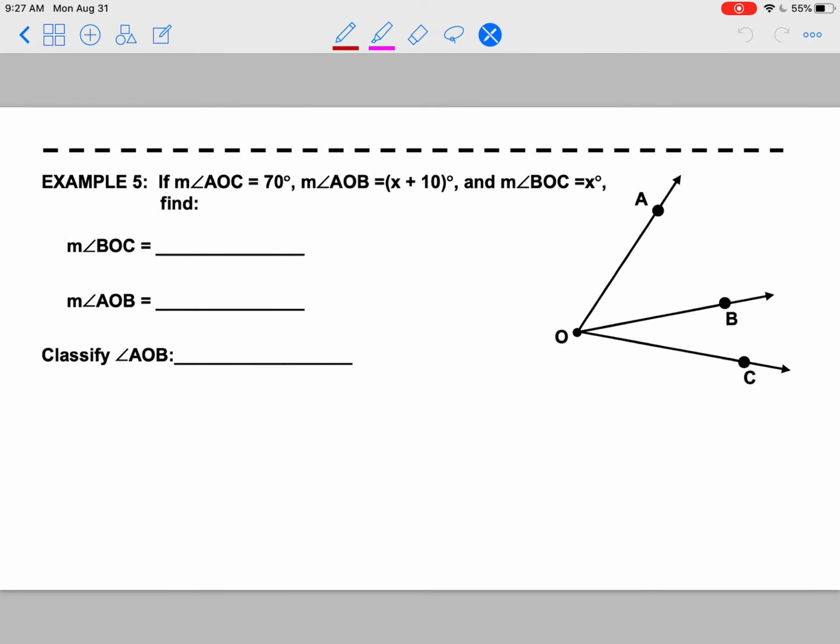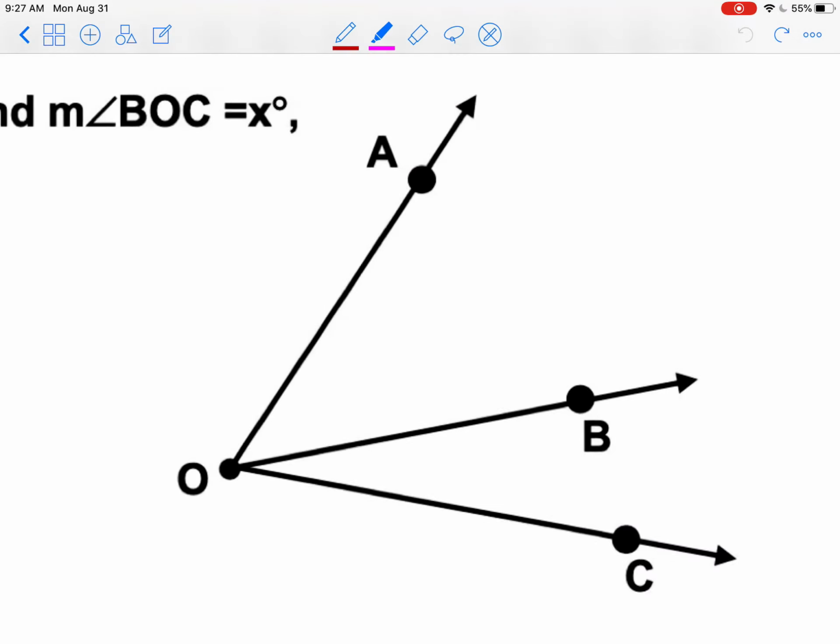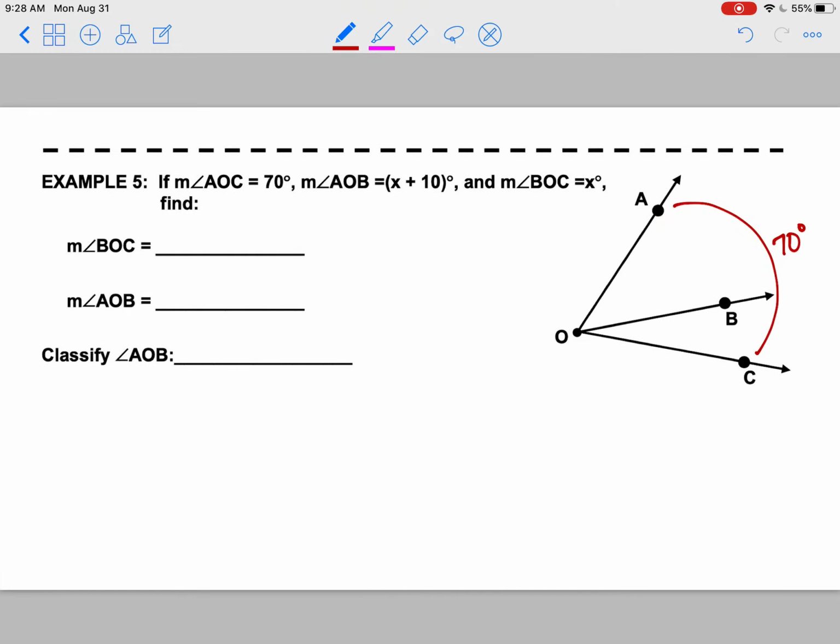So let's take that and apply it to some sample problems. So we have here angle AOC is 70. We can trace that and say AOC is the whole thing. So we can go over here and say AOC is the whole thing at 70 degrees. They also gave us AOB. Trace your letters if you need to. AOB is right there.